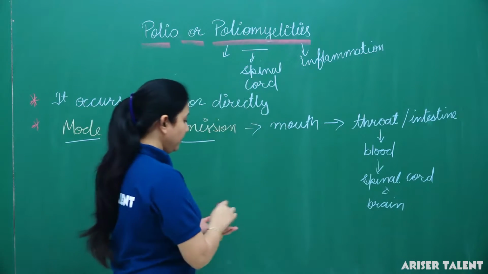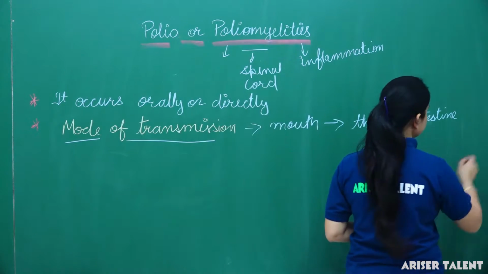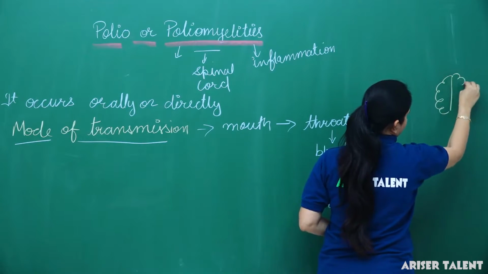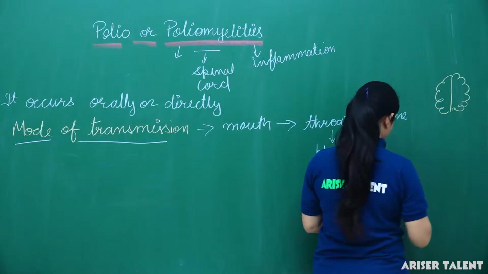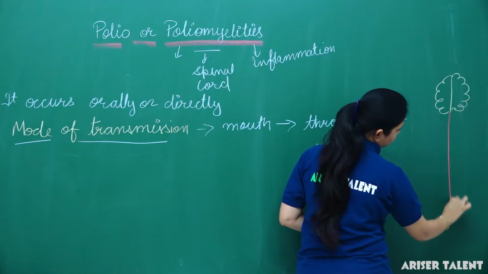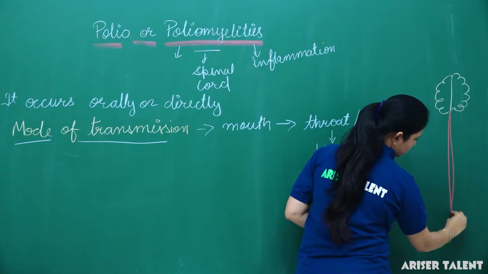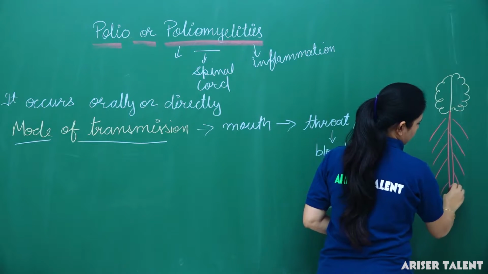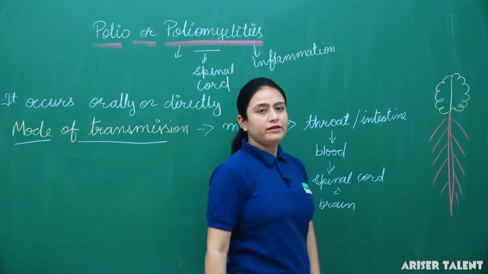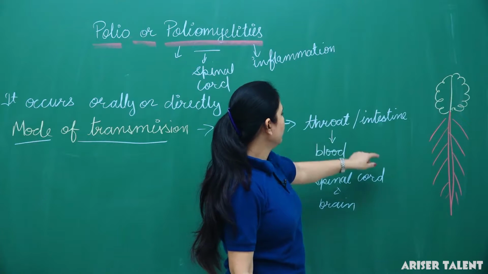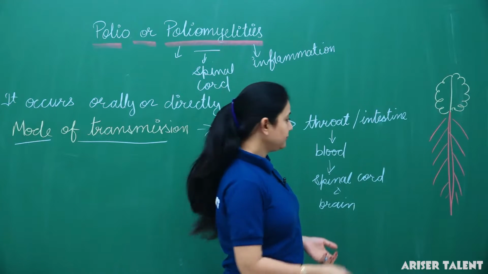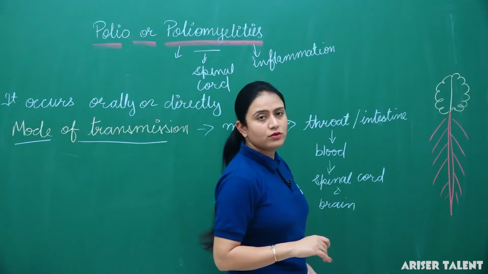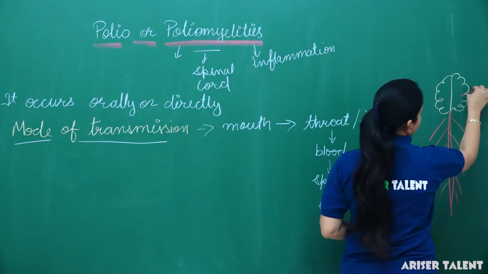Okay, so let me explain it with a diagram. Suppose this is our brain, and this is the spinal cord. When the virus goes through the throat and intestine, it multiplies there, and through the blood it goes to the spinal cord and brain.